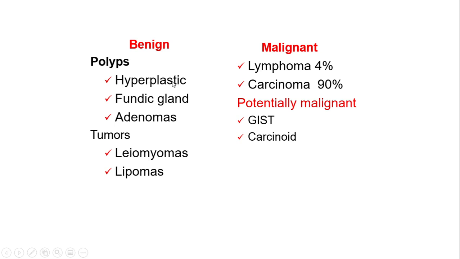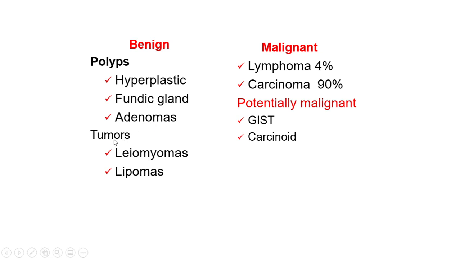Hyperplastic inflammatory polyps on a background of chronic gastritis, fundic gland polyps, and adenomas form 10%. Adenoma is neoplastic in nature. Hyperplastic and fundic gland polyps are not neoplastic. They are inflammatory, or hamartomatous. In general they are not neoplastic, whereas adenomas are neoplastic in nature.